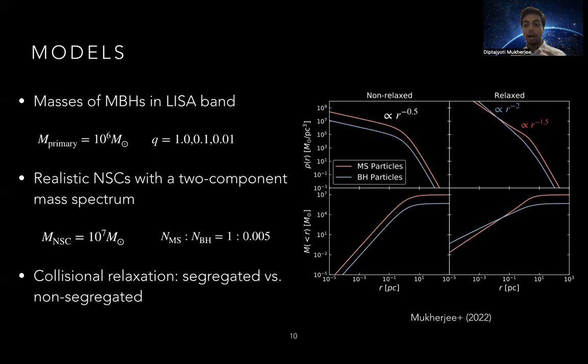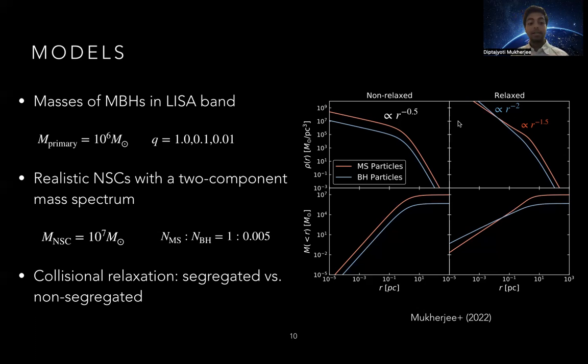Rather, we simplify our mass function into a two-component mass spectrum where all of the masses that are, on average, close to a solar mass can be represented by these MS particles. And anything that's about 10 times more massive than that, so about 10 solar masses, is represented by a population of BH particles.